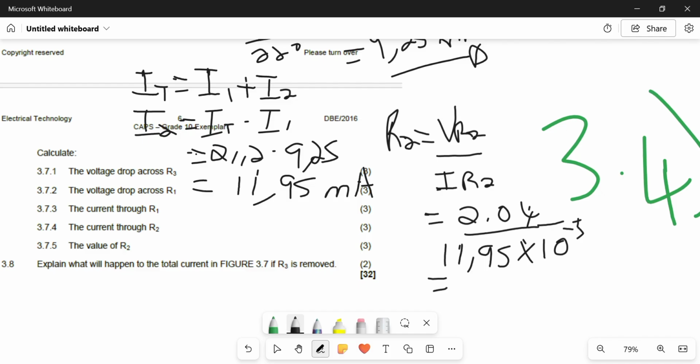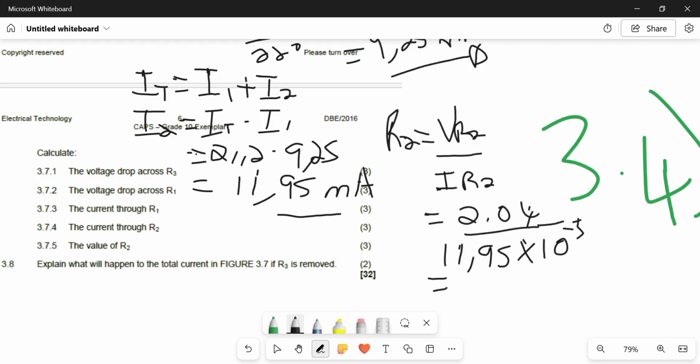Then someone asks me why do we convert now? Now we are converting because we are looking for an exact value of the resistor. So we are converting the current to its actual units measured in amperes, not milliamperes, so we times it by 10 to the power -3. Remember, before I didn't convert because all the units were in milliamperes.